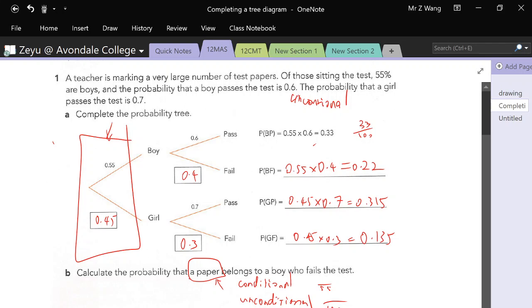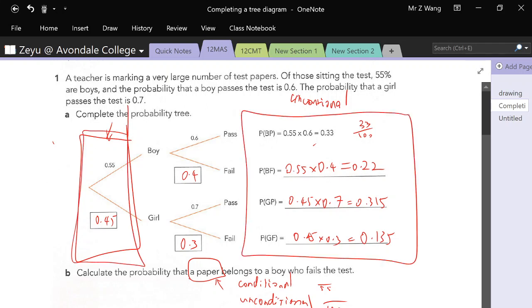But since they only say a paper, we are selecting a paper from the entire pool of papers. So it's actually unconditional. So your number must come from either this or this. Does that make sense?